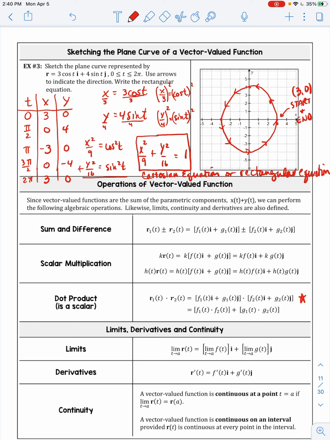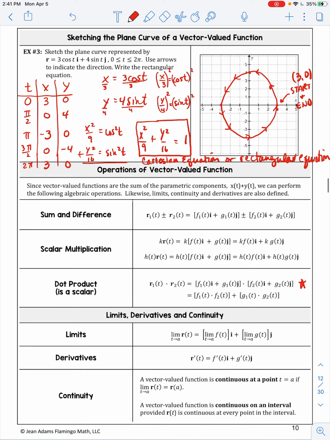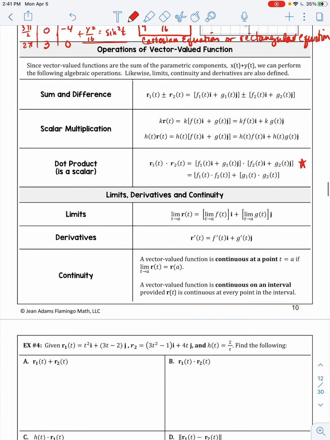And then you could look at it that when you take the dot product of f1 of t i plus g1 of t j, dot product f2 of t i plus g2 of t j, you get f1 of t times f2 of t plus g1 of t times g2 of t. And then your limits.